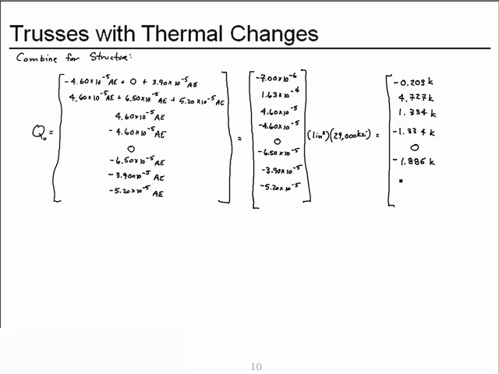These come together for a negative 1.131 kips. And the last ones come together for a negative 1.508 kips. And these are for degrees of freedom 1, 2, 3, 4, 5, 6, 7, and 8.